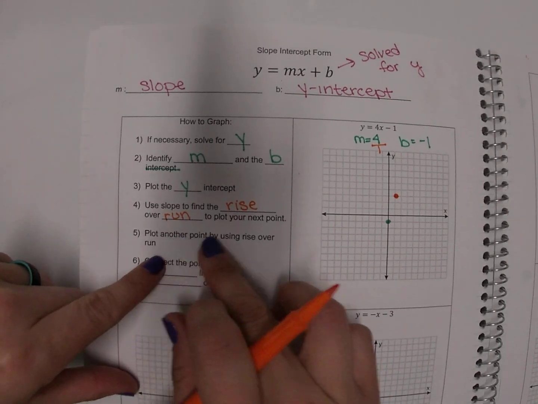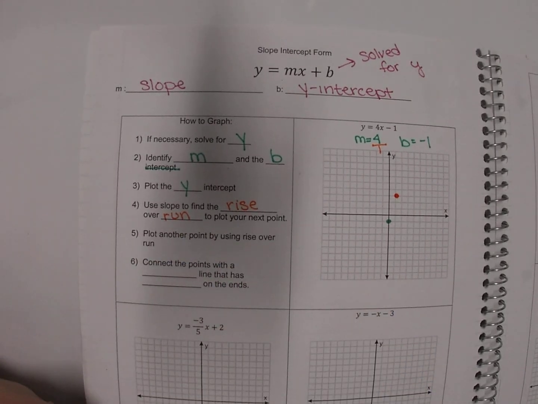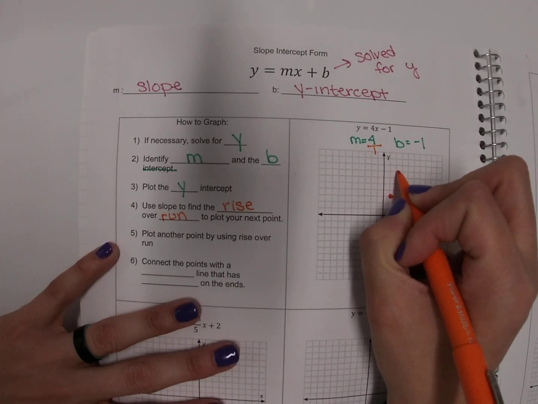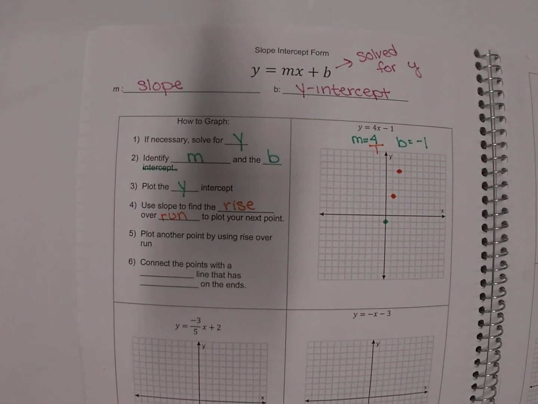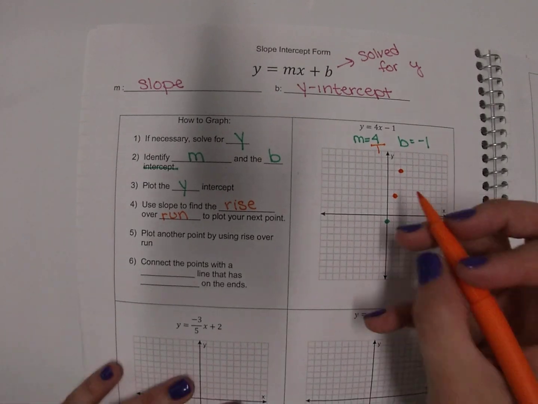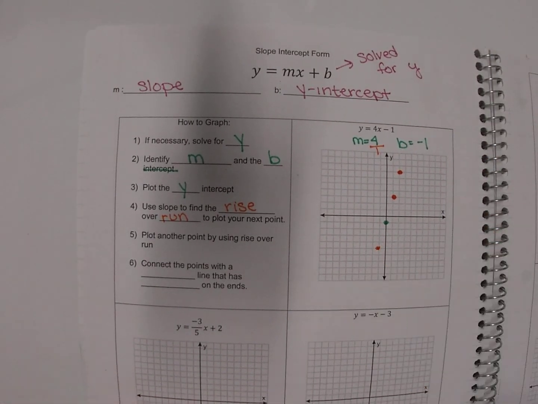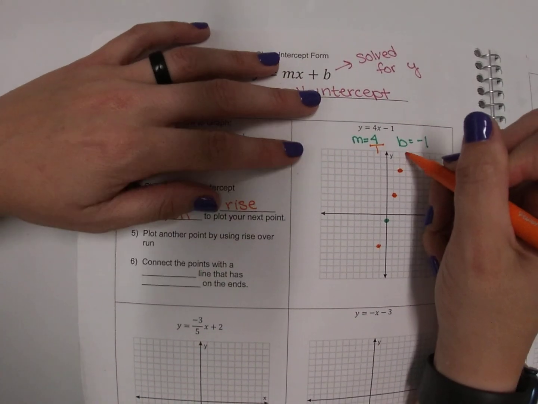Okay, we are then going to plot another point doing that same process. So from this point, we're going to go up 4, over 1. We could make as many points as we wanted. We could continue going down 4 over 1. We can make as many points as we want, but give yourself enough points to see that line.